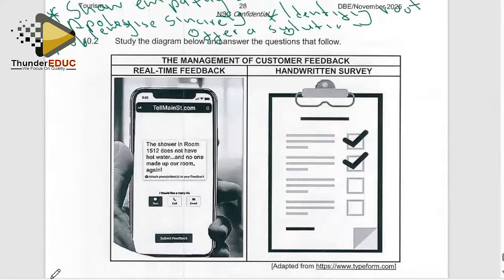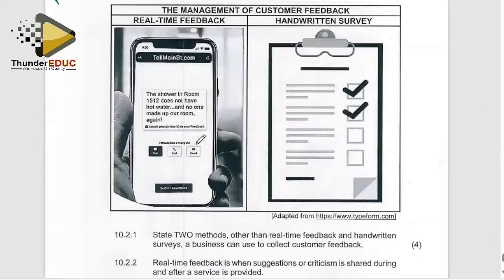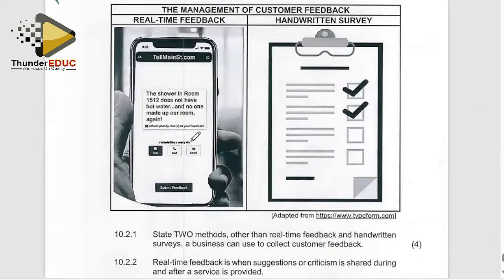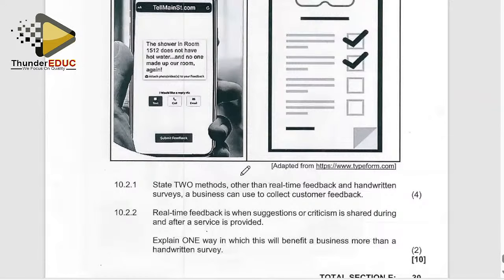The management of customer feedback, real-time feedback, handwritten feedback. The shower room in 1512 does not have hot water and no one made up our room again. That is real-time feedback. State two methods other than real-time feedback and handwritten service a business can use to collect customer feedback. So they can make use of chatbots. Then analytics, which analyze behavior.